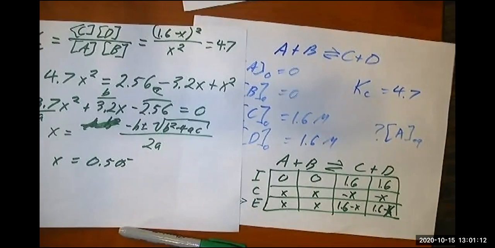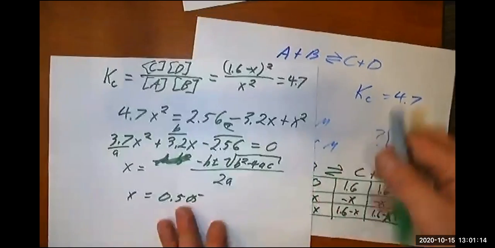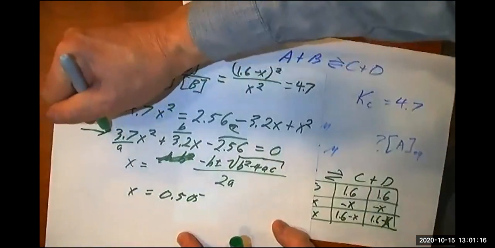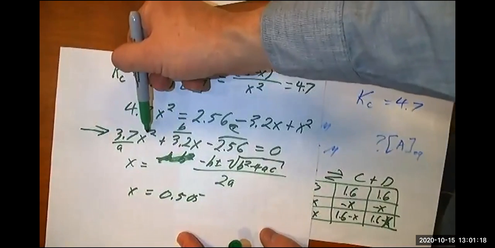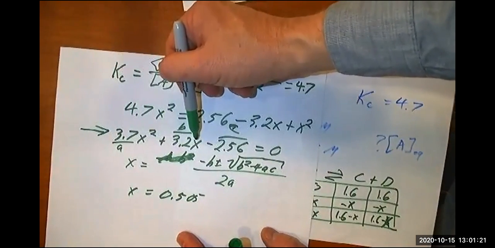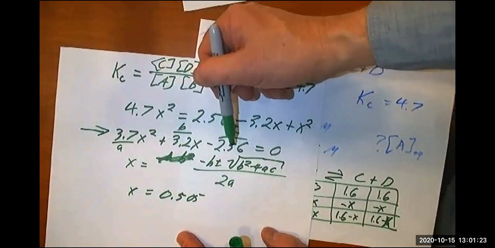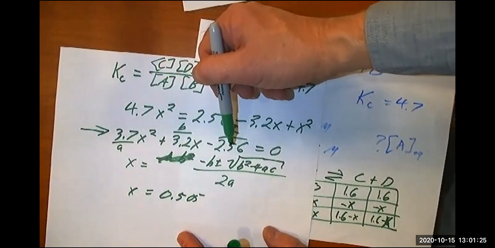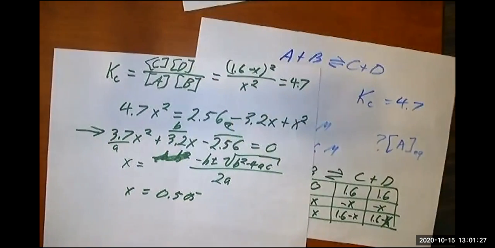So why did we use the quadratic formula? When we look at this equation right here, it's a coefficient times x squared plus a coefficient times x plus a constant. So that is a quadratic equation, and to solve that, we use the quadratic formula. Quadratic just means a second order polynomial, meaning that the highest power of x is 2.